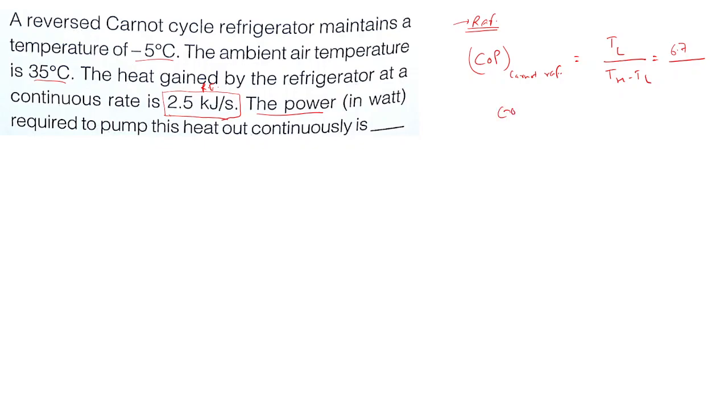COP is the desired effect, the refrigeration effect, upon work input. So we can find the work input as 2.5 by 6.7. You have to write it in watts; here it will come in kilowatts, so multiply by 1000, whatever comes will be the answer.